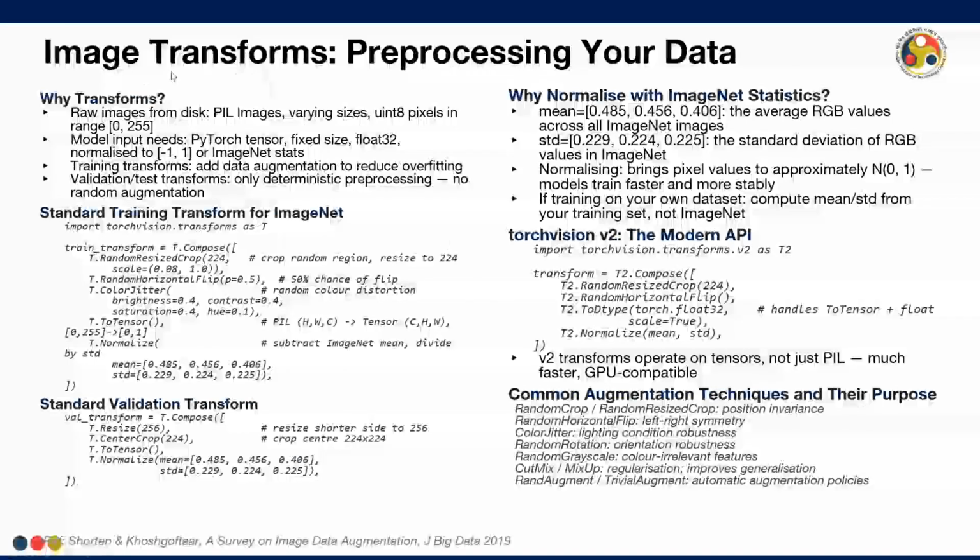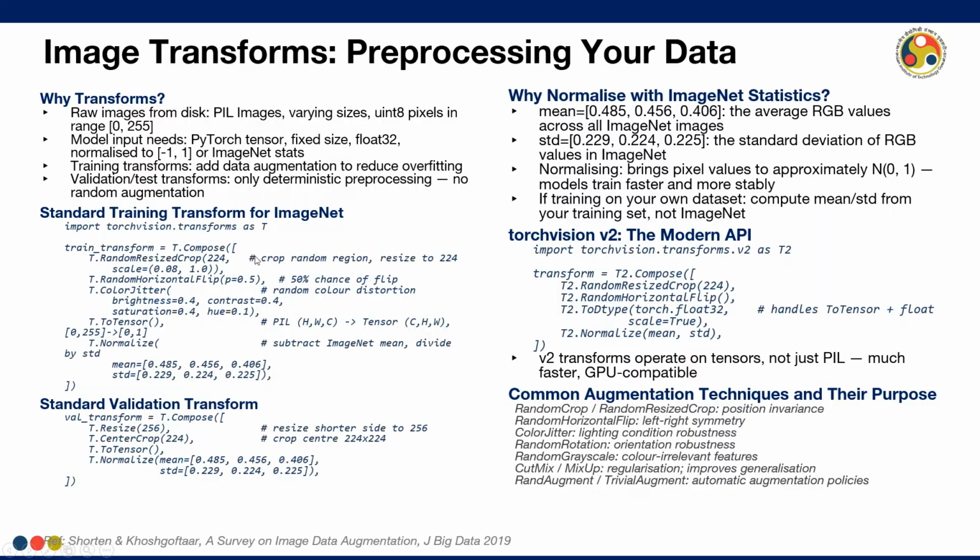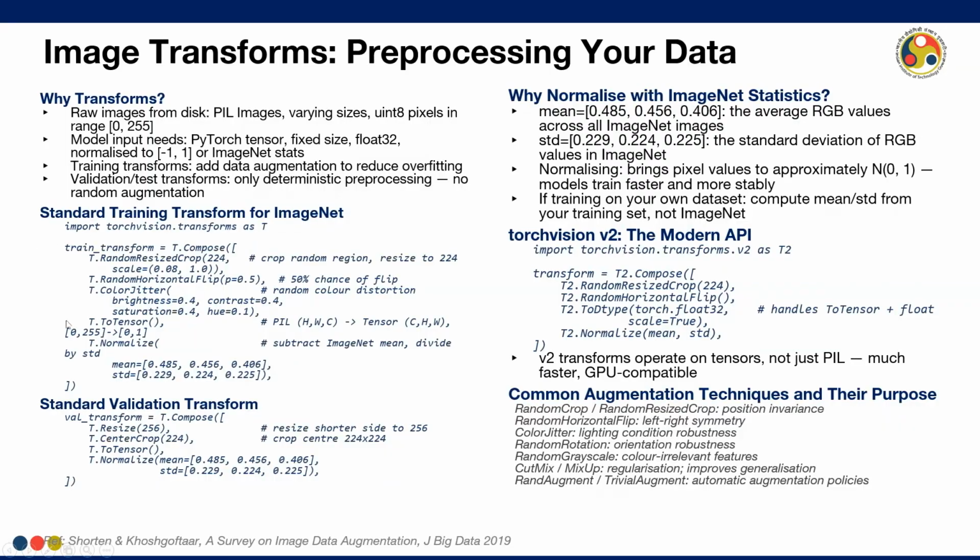Transform will be happening for every raw data set. Transformation means you will have different types of data that you will be working with for training. If I am working on image classification, I have image data, and the raw image data will be transformed. Here is the training transform for the ImageNet data set.